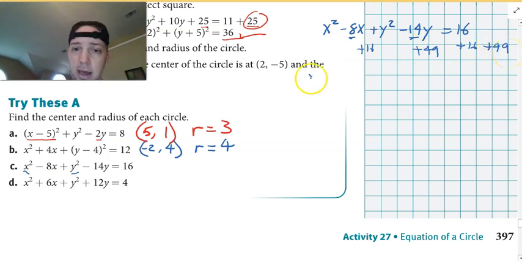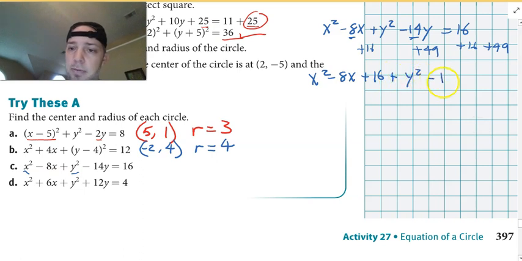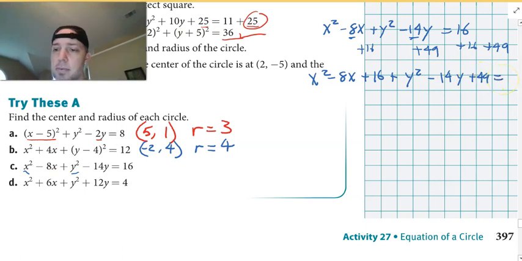So now I have x squared minus 8x plus 16 plus y squared minus 14y plus 49 equals, what is that, 81? Yep. Equals 81.